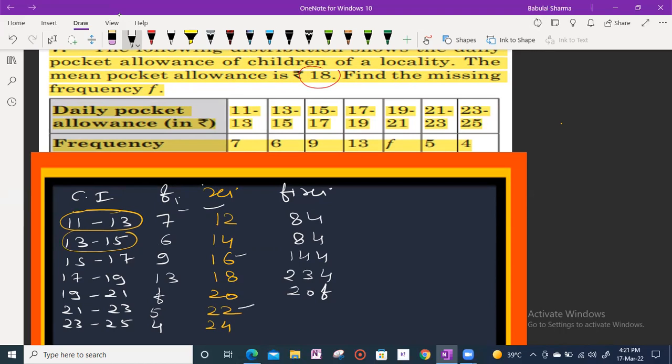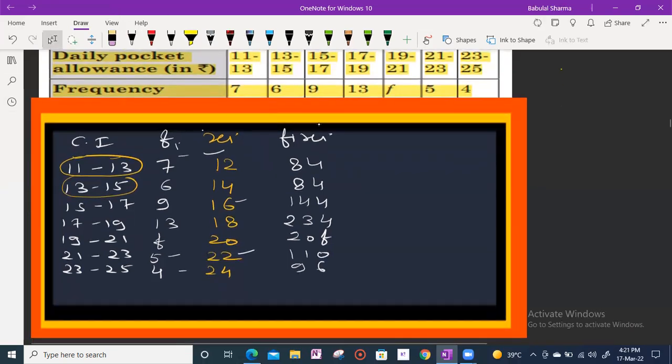And 22 into 5 is 110, and 24 into 4 is 96. We know the formula for the mean: first of all, we have to find the sum of all frequencies. Sum of all frequencies is 7 plus 6 plus 9 plus 13 plus f plus 5 plus 4, so that is f plus 44.